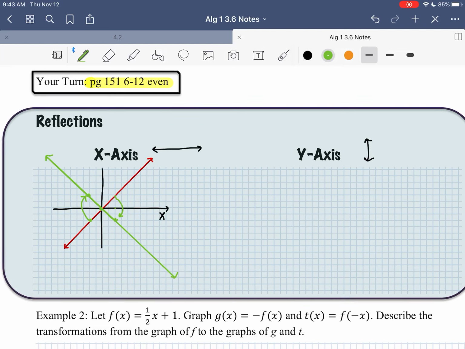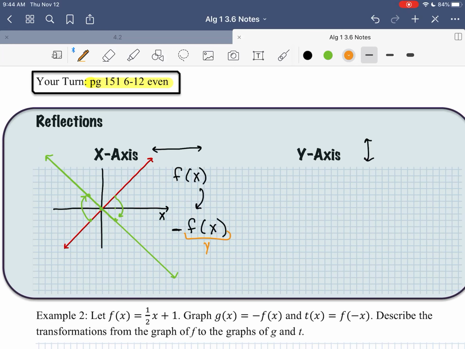So really, to reflect over the x-axis, it took all my y-coordinates. Instead of this y being up 2, it's now down 2. So it took all my y-coordinates and made them negative. So to flip over the x-axis, I take my regular f of x and put a negative out in front of the whole function, because we like to think of f of x as almost our y.